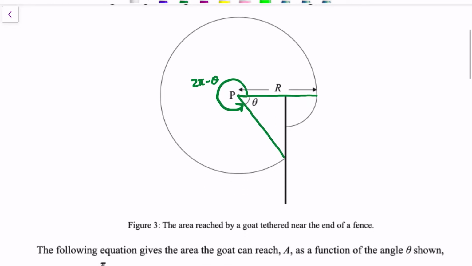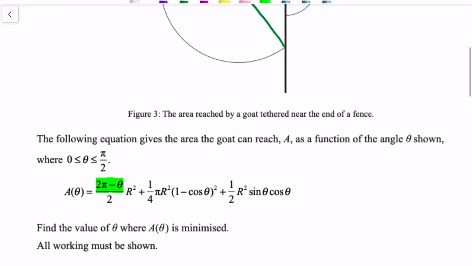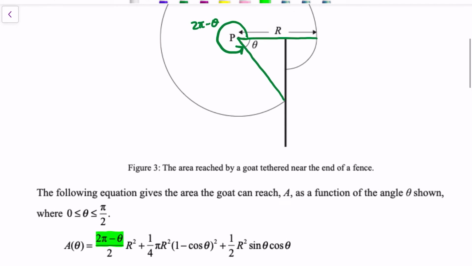So that is this bit here, 2 pi minus theta, that angle divided by the total angle. As I said, it was a fraction of a circle, 2 pi minus theta all over 2 pi, that fraction of the angle, 2 pi is 360 degrees, times pi r squared, the area of the full circle. The pi's cancel, and that's where that 2 pi minus theta all over 2 r squared comes from, fraction of the circle.